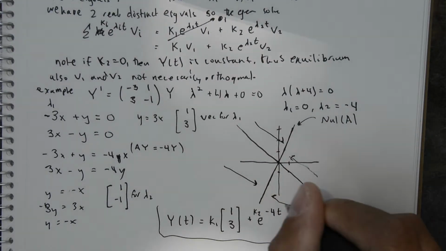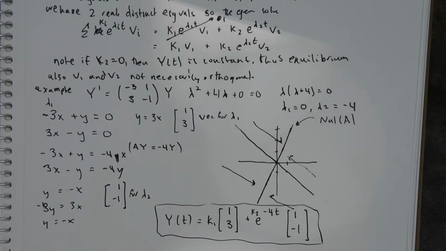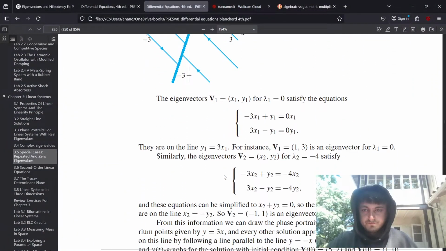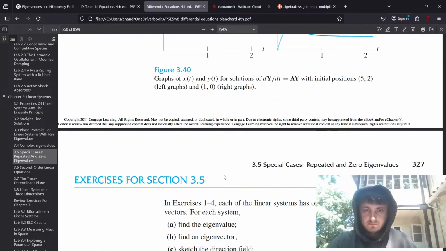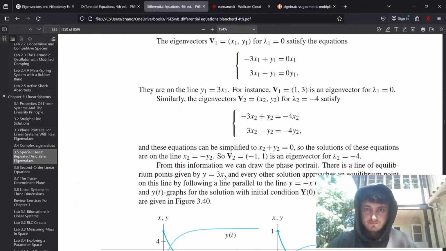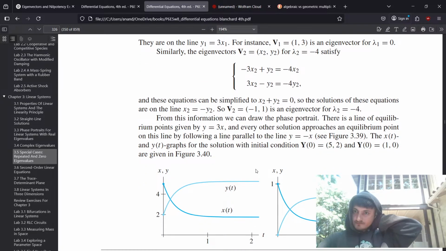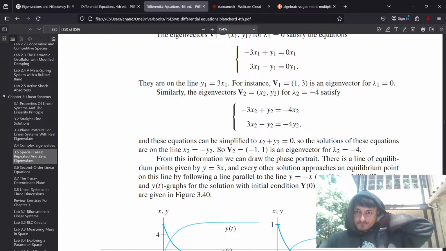There's our general solution. Now we can check if we got the right answer. They didn't even give us the general solution.